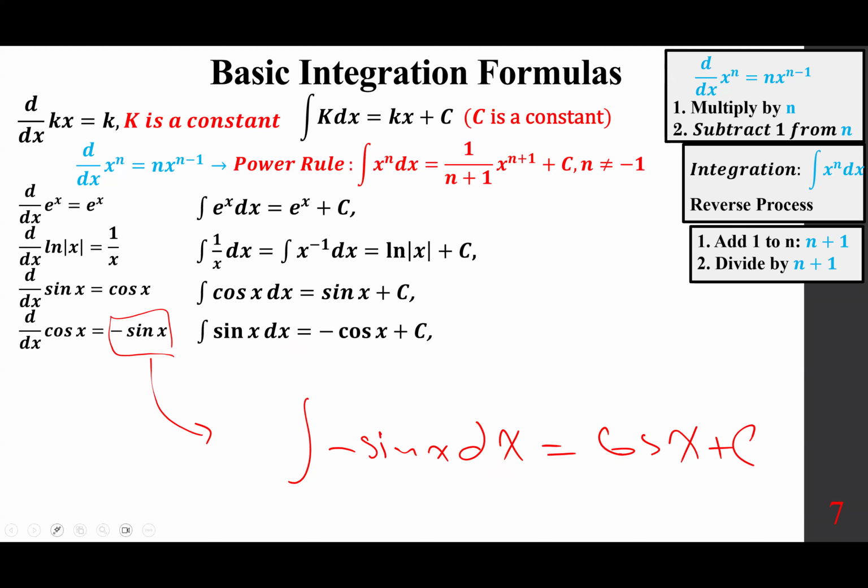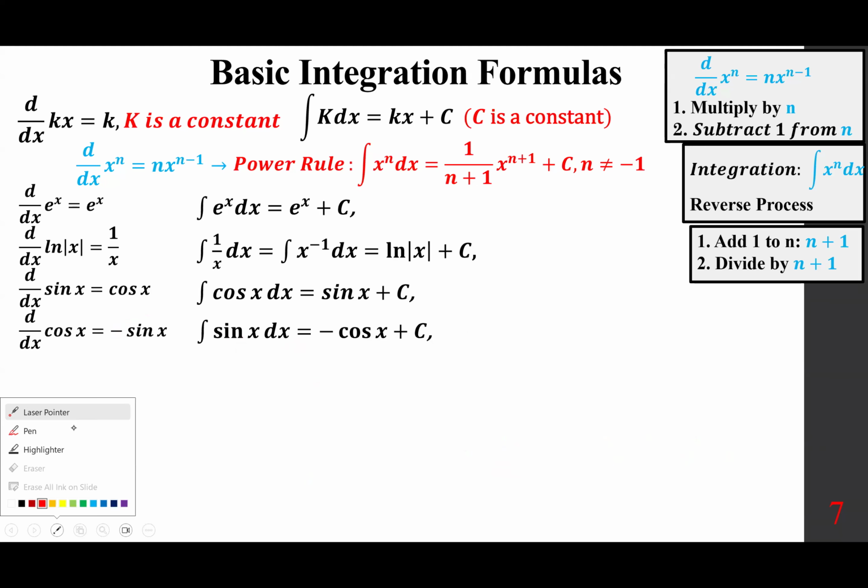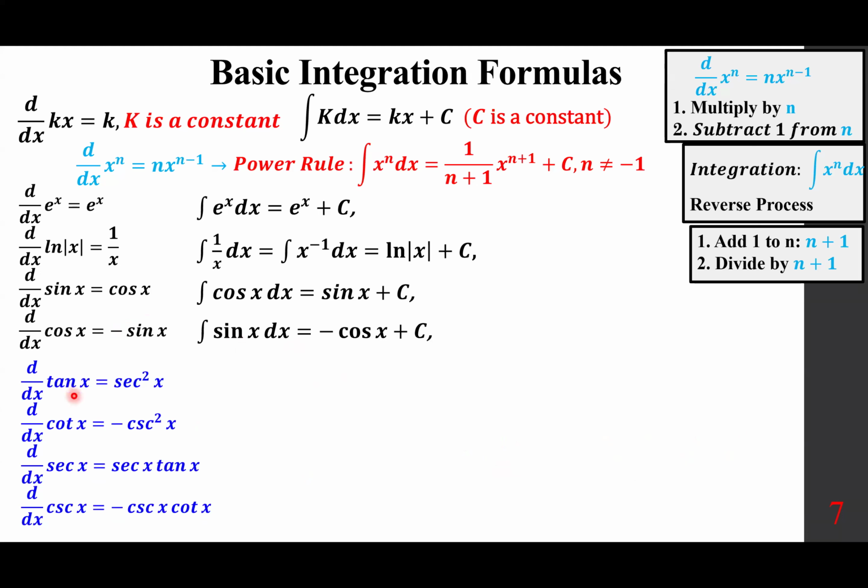Let me erase my work. What about this one? If the derivative of tangent is secant squared, then the integral of secant squared dx must be tan x plus c. If the derivative of cotangent is negative cosecant squared x, then the integral of positive cosecant squared x dx must be negative cotangent x plus c, just as we discussed here.